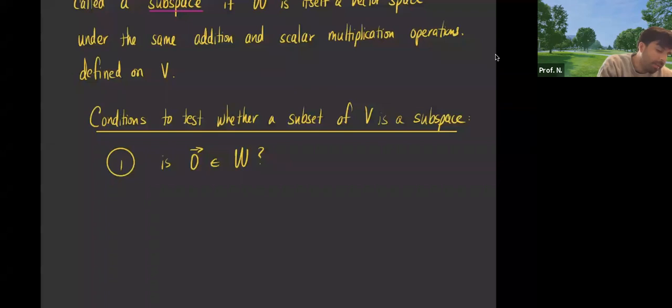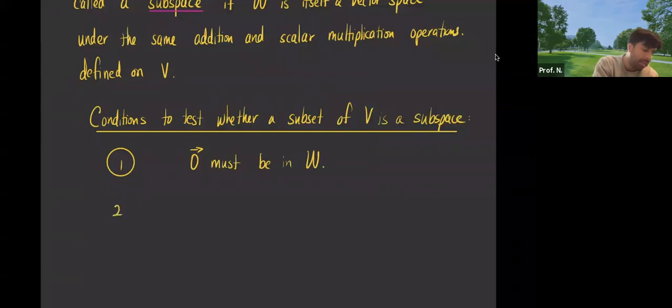Or I should say, the 0 vector must be in W. If the 0 vector is not in W, the subset that we're trying to figure out, if W is a subset that does not contain the 0 element, then it will not be a subspace.